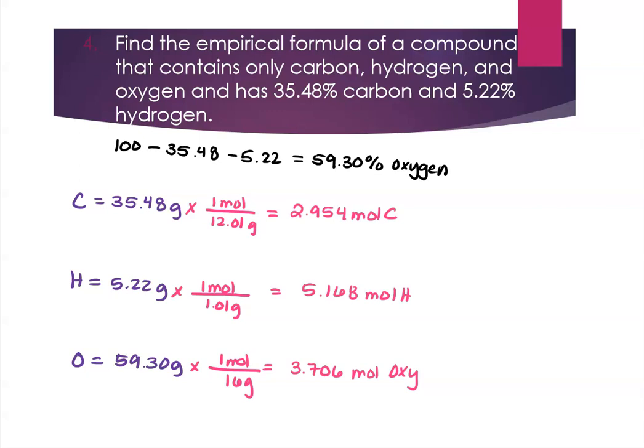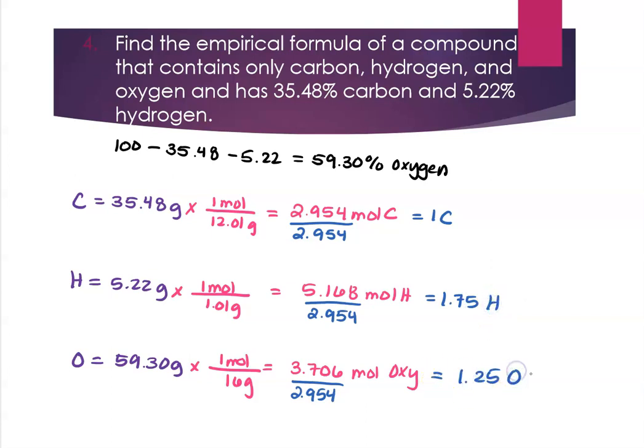Now we divide by the smallest. So when we do that, our small value is 2.954. So we'll divide all of them by 2.954, and I get 1 carbon, 1.75 hydrogen, and 1.25 oxygen. So I look at my decimals here. 0.75 is 3/4, 0.25 is 1/4.